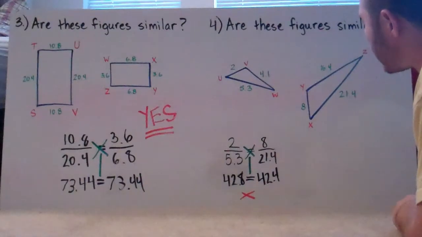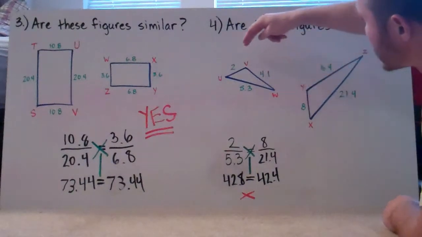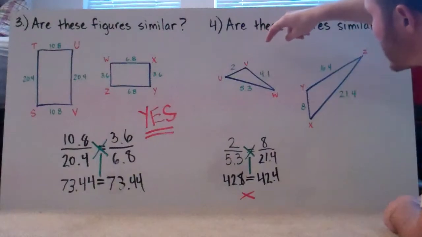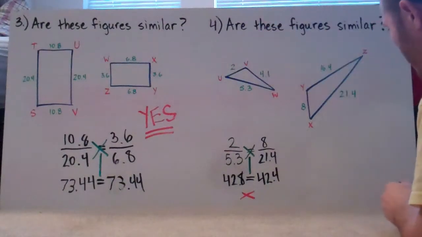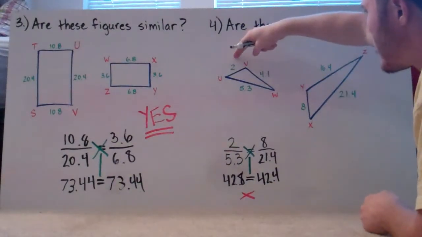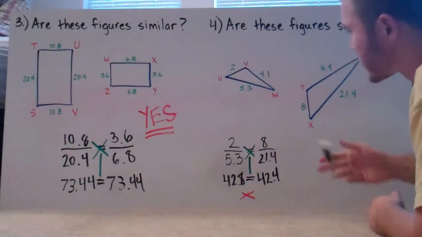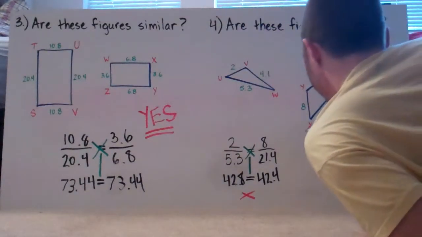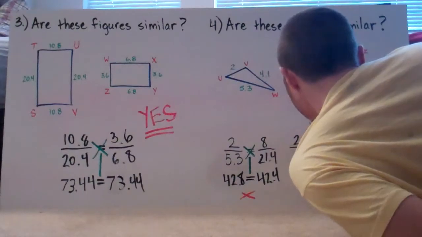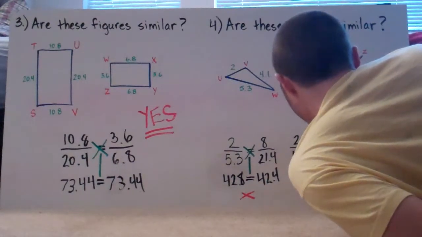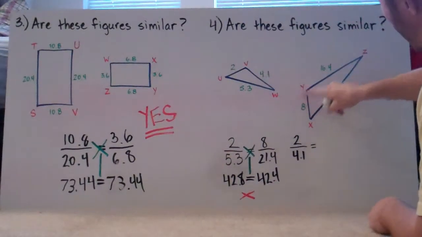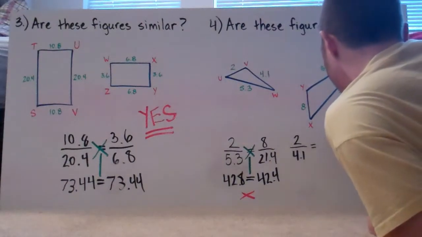Now let's check 2 over 4.1. Let's do 2 over 4.1 equals 8 over 16.4.